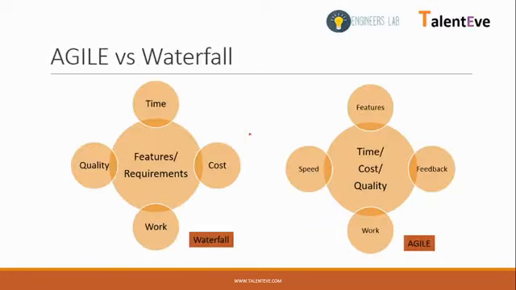Now let us talk about the difference between agile and waterfall. In the waterfall methodology, one of the major criteria is that the features or requirements are developed at a very high level, where some expert sits and defines the features and requirements, and then those are drilled down to the team further below, where the team uses them to come up with the design.